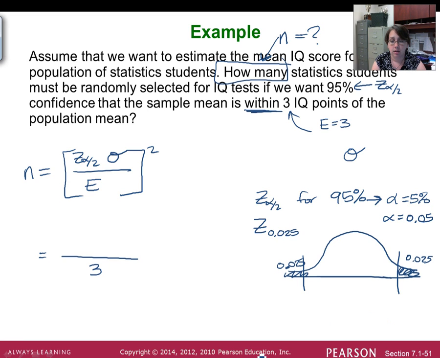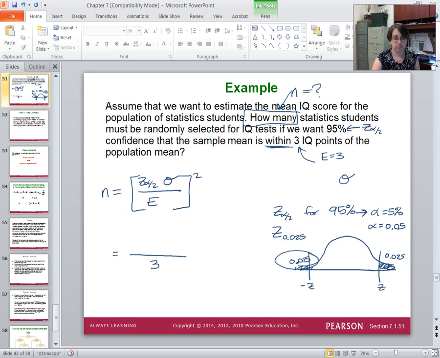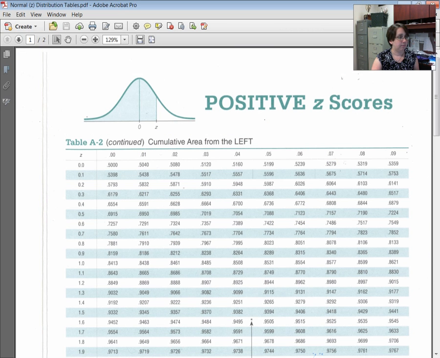Okay, so how do we do this? Well, you have 2 options to find it. You could find the negative z-score by looking up this area in the negative side of the table and then writing the positive value because it's symmetric. That's probably the easiest way. So let me bring up my normal distribution. There it is.